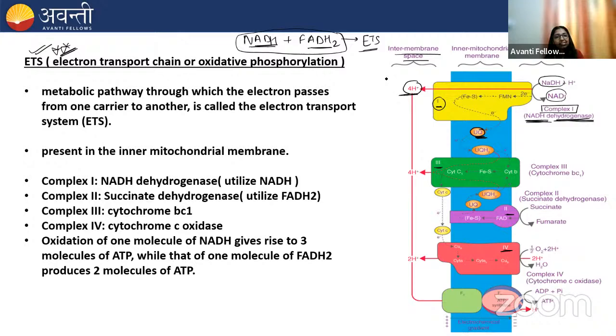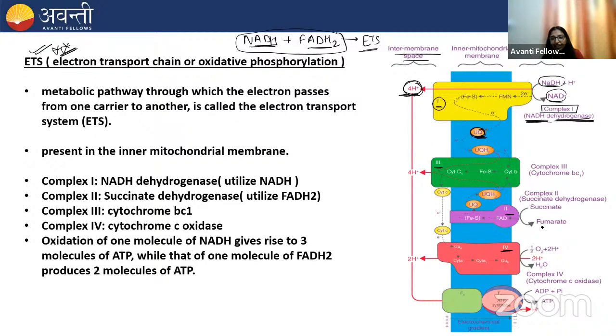Remember, mitochondria is a double membrane organelle. It has an outer membrane and an inner membrane.